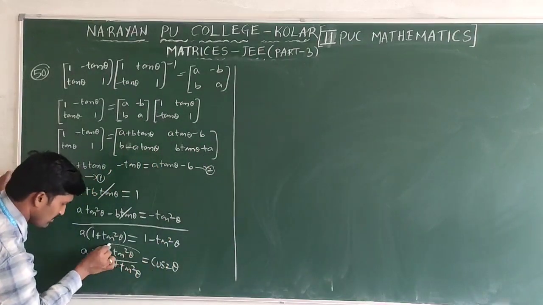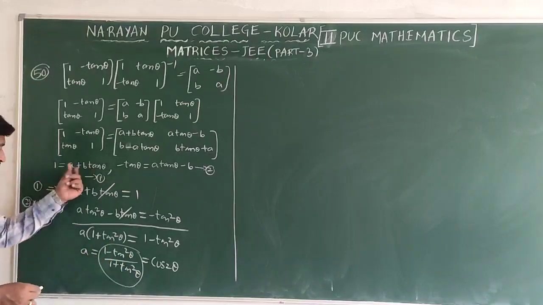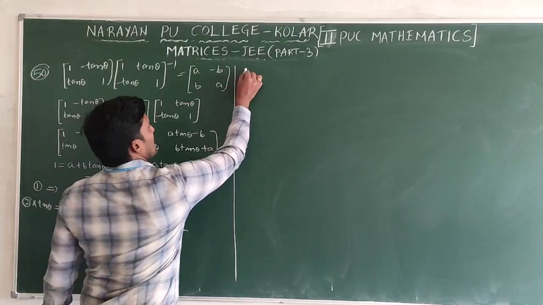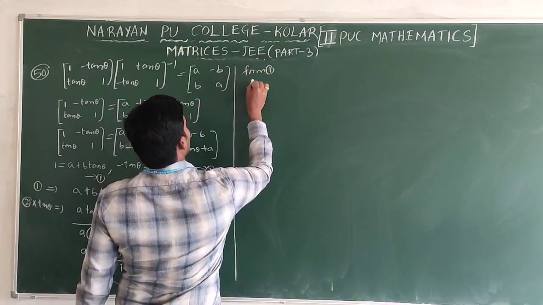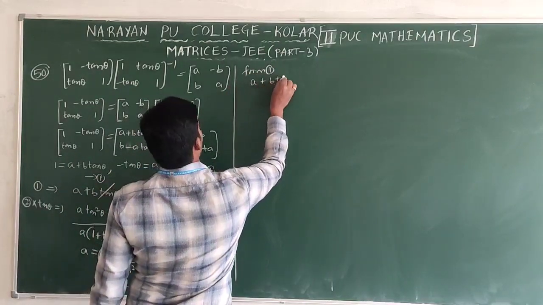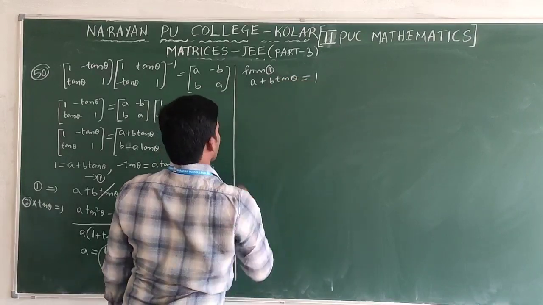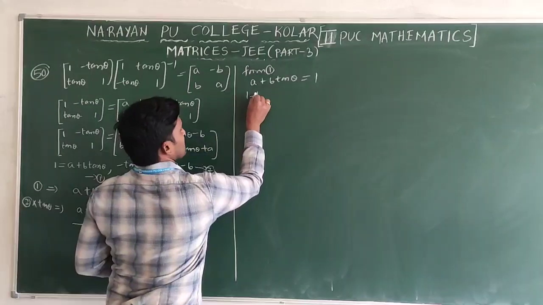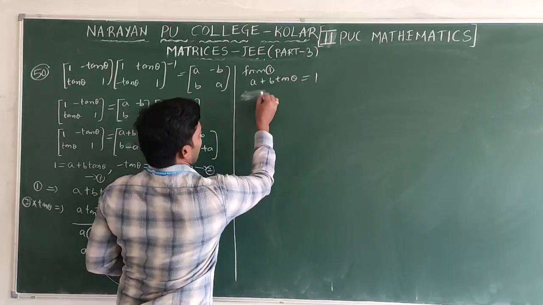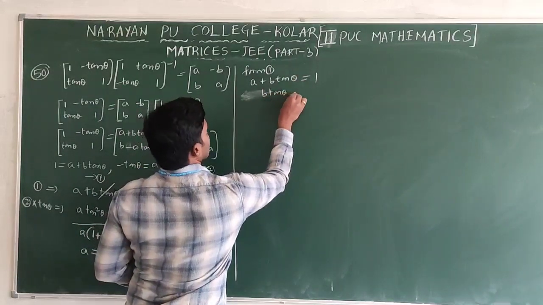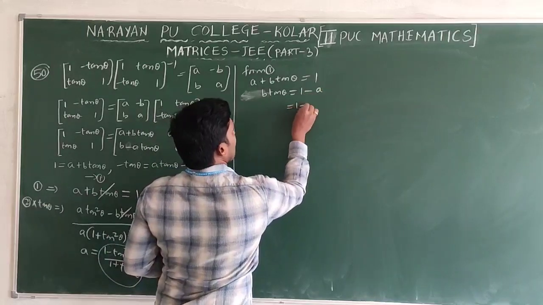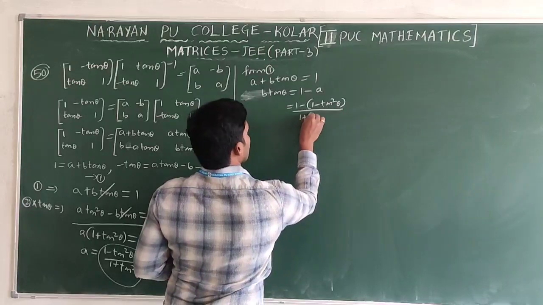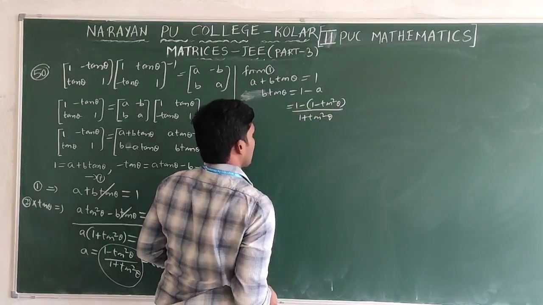Substitute this only, because the equation is in the form of tan theta. That's why for finding B also use this value. From the first equation, what is the first equation? A plus B tan theta equal to 1. What is the A value? 1 minus tan square by 1 plus tan square. Taking this A value to the right side for easy purpose: 1 minus tan square theta by 1 plus tan square theta.